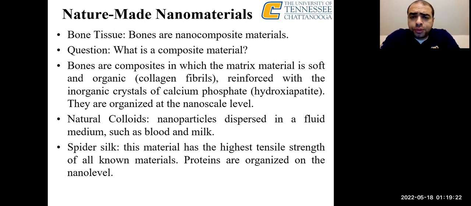A good example of composites is, for example, reinforced concrete. For example, concrete, when you have the steel reinforcements, you have a composite material. But of course, concrete is not a nanomaterial, because the interaction is not done at the nano scale, at the nano level.